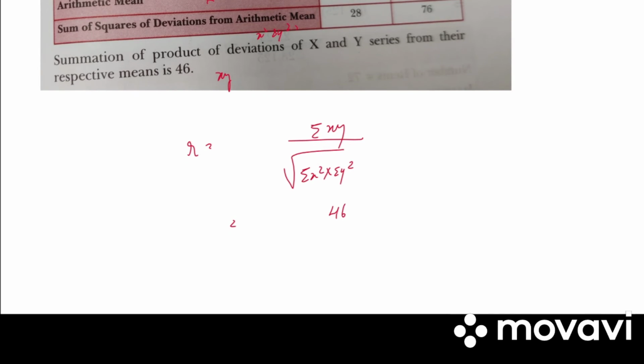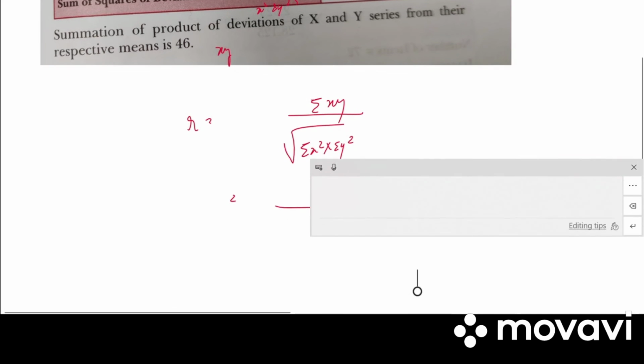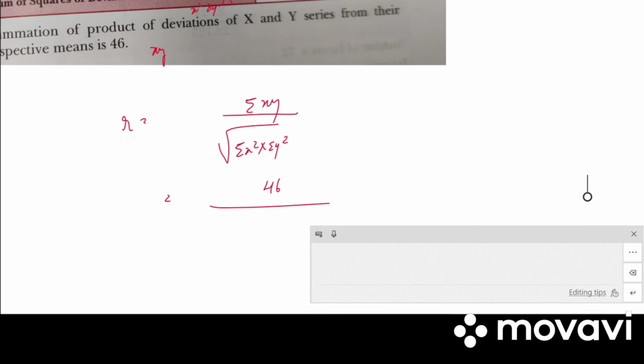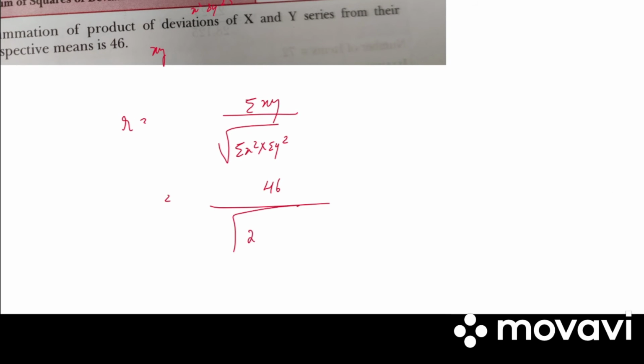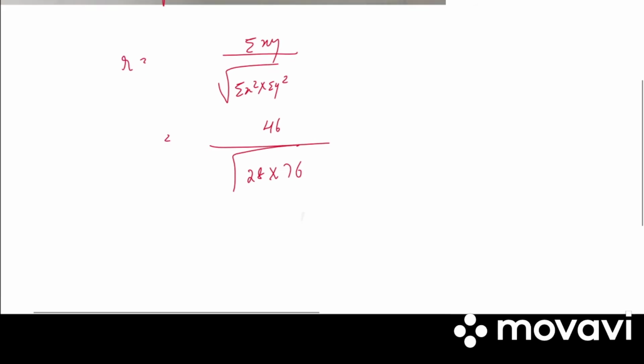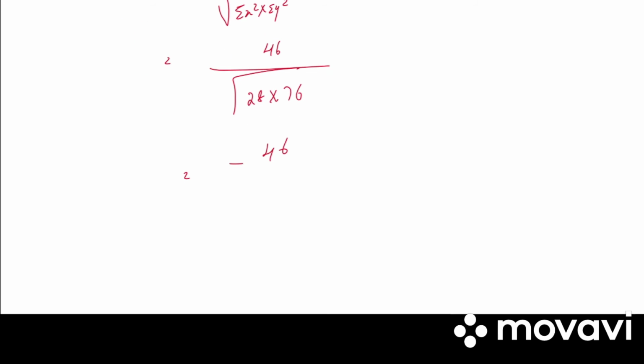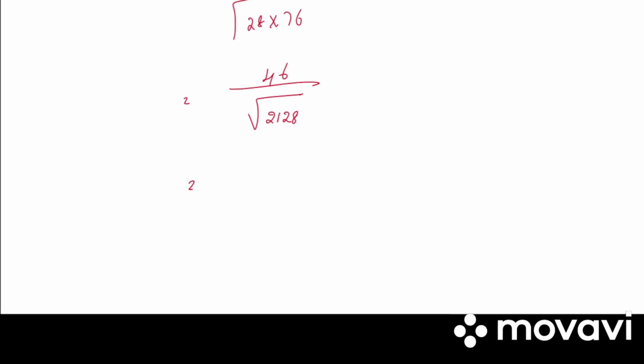So what is summation xy? It is 46. What is summation x square? It is 28 into 76. So it is 46 divided by square root of 2128. 46 divided by 46.13. 0.99. Clear?